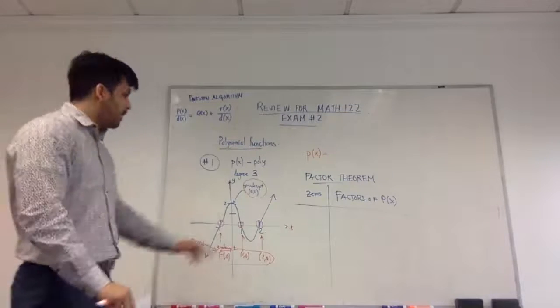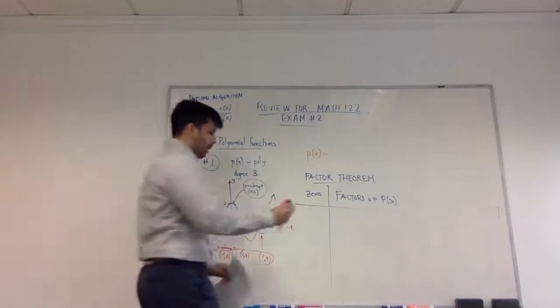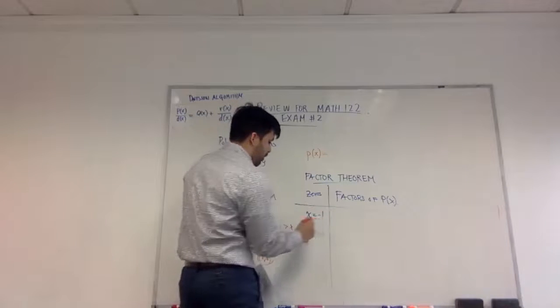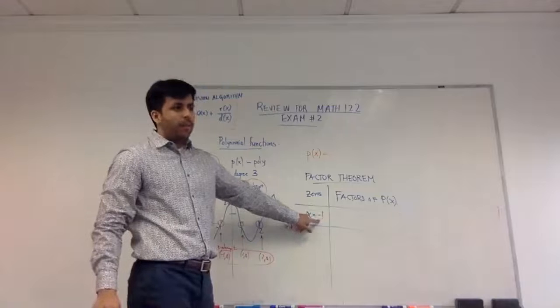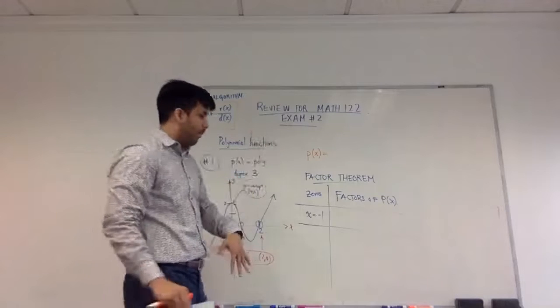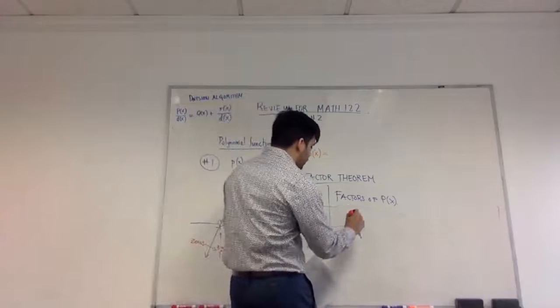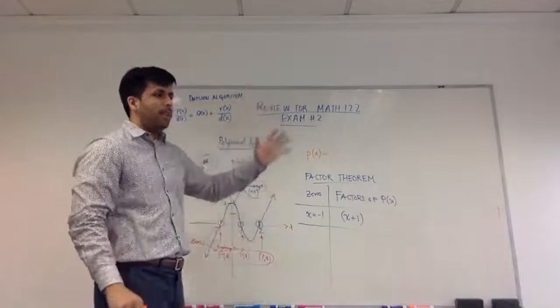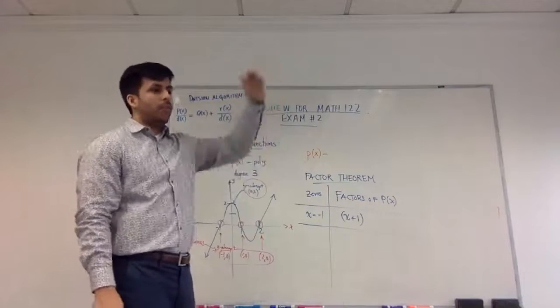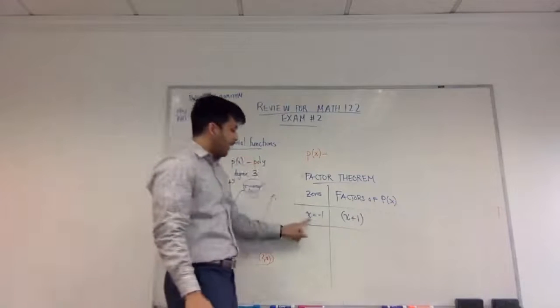So if I know that my zero is at -1, this x equals -1 came from the factor x plus 1, right? Because when you factor the polynomial and set it equal to 0, and then solve for each of them individually, you would get this at the end.